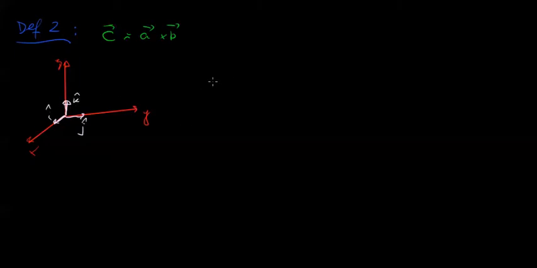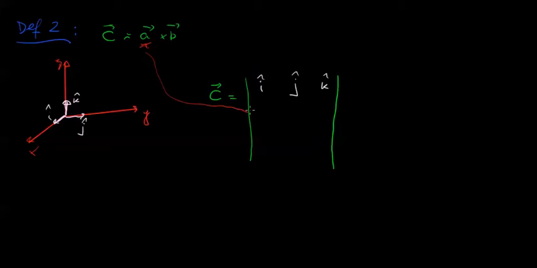With them, we can calculate C by definition. We calculate C using this determinant here, and then first vector A. So the components of vector A come here, so A1, A2, A3.